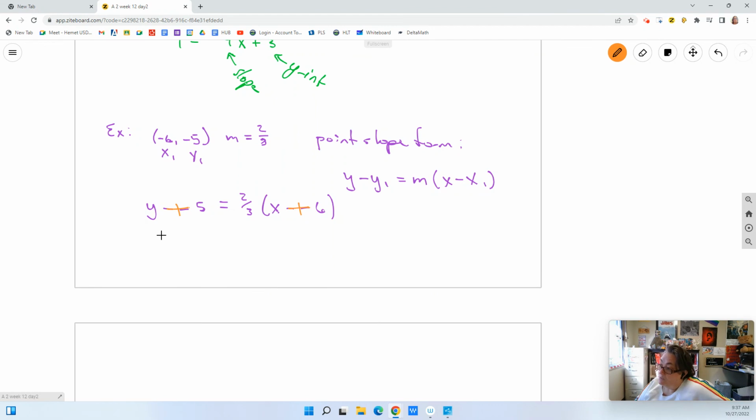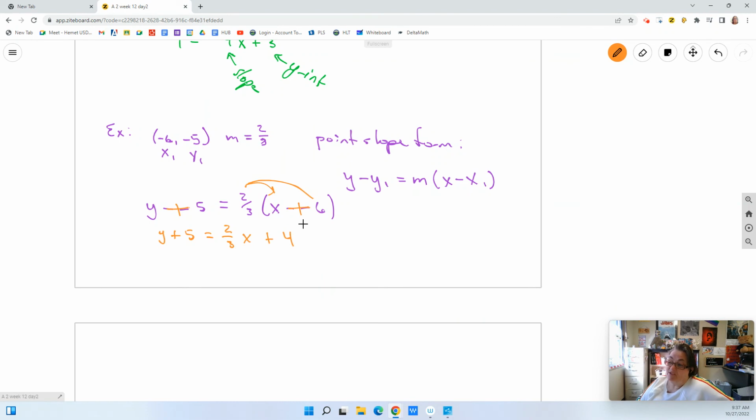That negative. And when I go to solve it now, I can go y plus 5 equals, well, when I distribute this, I get 2/3 x. And here I'm going to get 2 times 6 is 12. 12 over 3 is just 4, right?